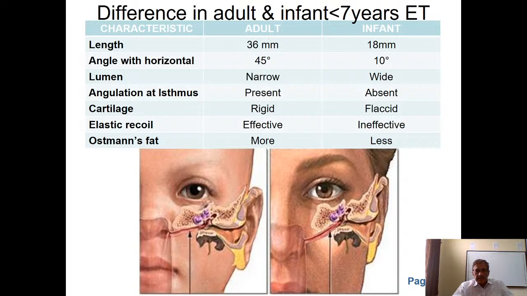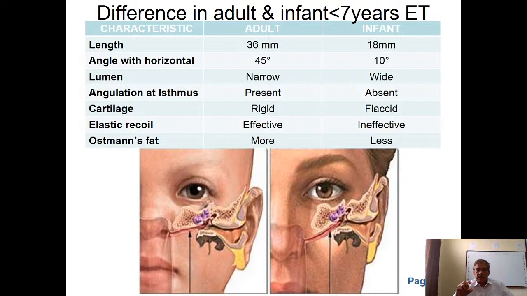In the child, the Eustachian tube is small, because the bony part is not developed. It is about 18 millimeters and it has got an angle with the horizontal of only 10 degrees. That means it's almost horizontal. Then the other difference is it is wider.